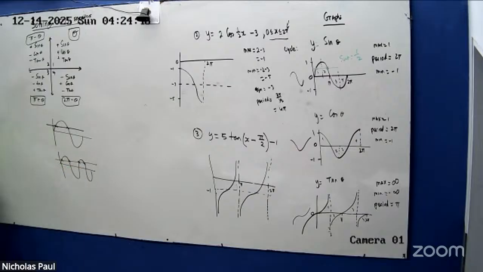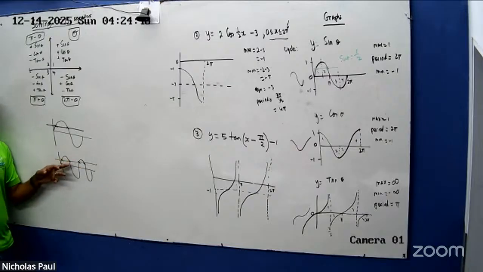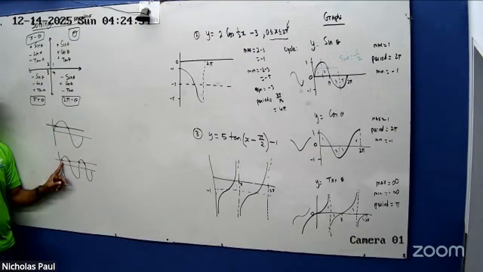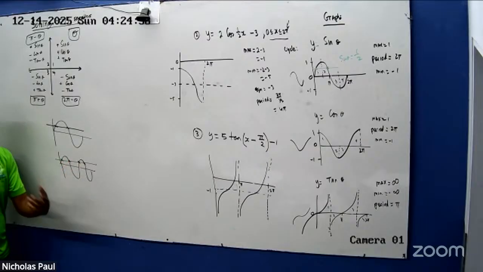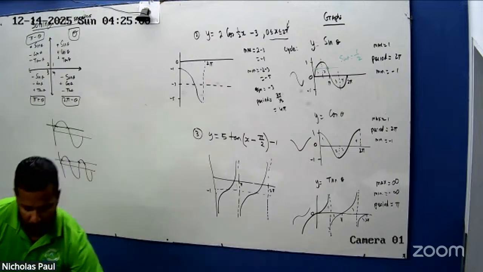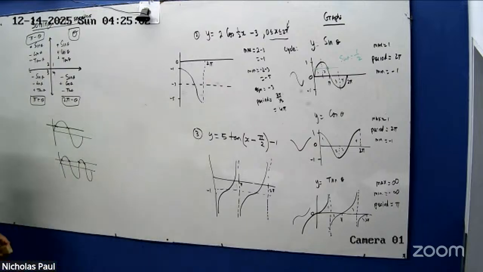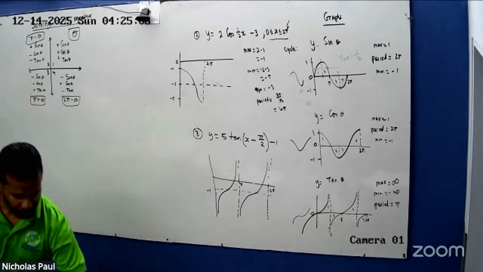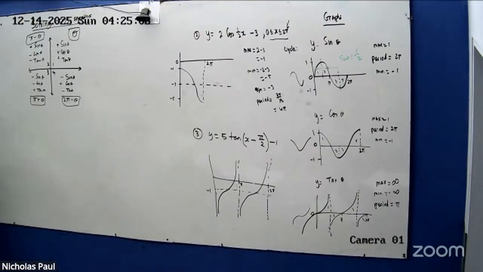Because this is symmetric, you'll have to find a way to get these 2 answers. This is 2 pi away from this. This is 2 pi away from this. So if you remember, you add 2 pi into it. But I don't want to do too much of solving today as well. Actually, I'll have to show you some of them.